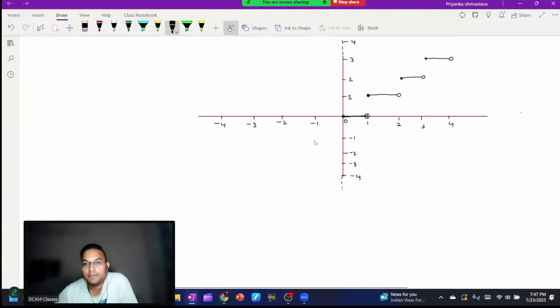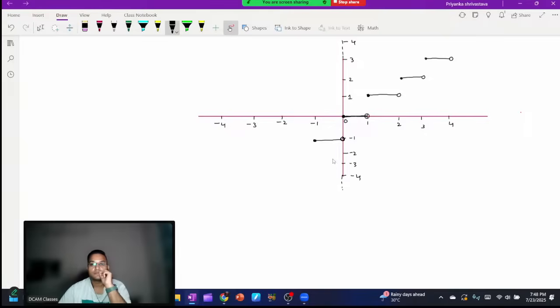So here -1 is included as x, but 0 is not included. So that's why we are putting a hole here, because the value of y as -1 is not coming at x equal to 0. At x equal to 0, we are getting the value 0. That's why we are putting a hole here. Understood? Shama?